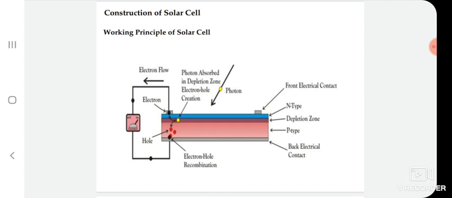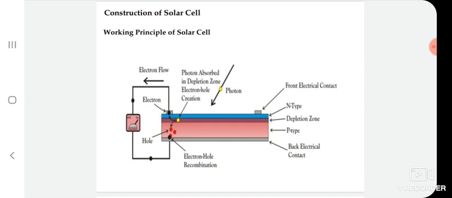Just below the p-type layer there is a p-n junction, as seen in this diagram. We also provide a current collecting electrode at the bottom of the n-type layer. We encapsulate the entire assembly with thin glass to protect the solar cell from any mechanical shock.